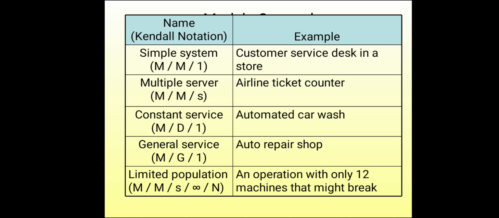M/M/1 is a customer service desk in a store. This model is symbolically represented by M/M/1/FCFS/infinity, that is first come, first serve. It represents Poisson arrival, Poisson departure, single server, first come first serve discipline, infinite population.